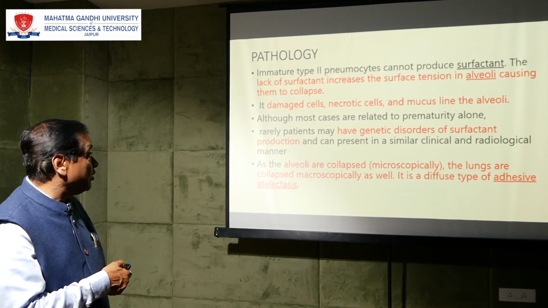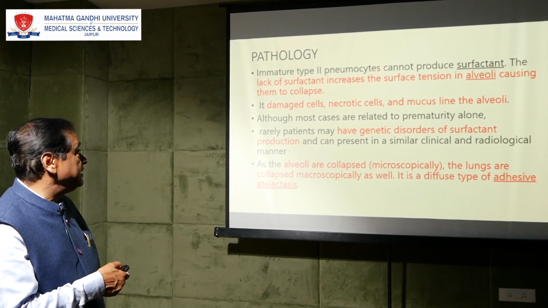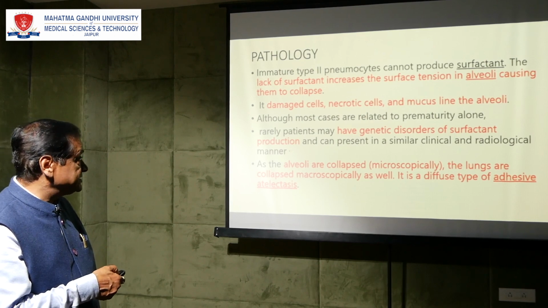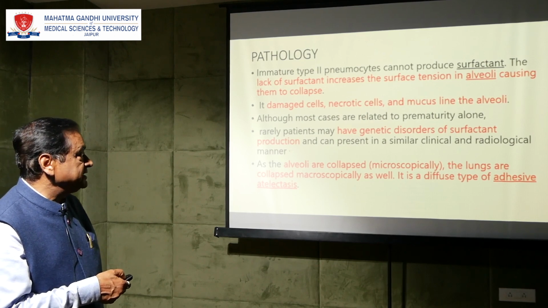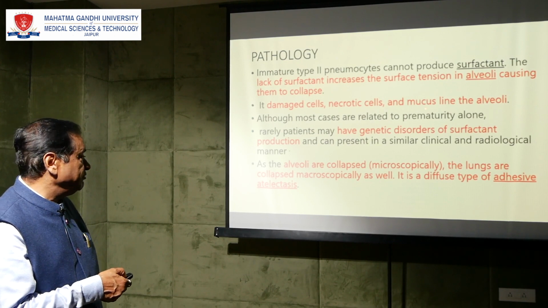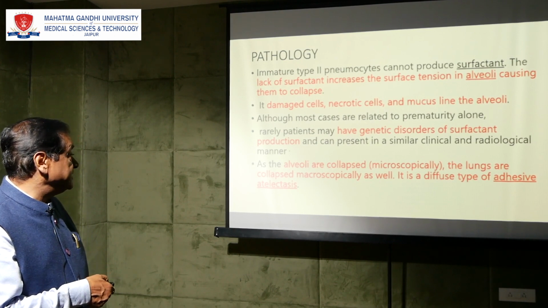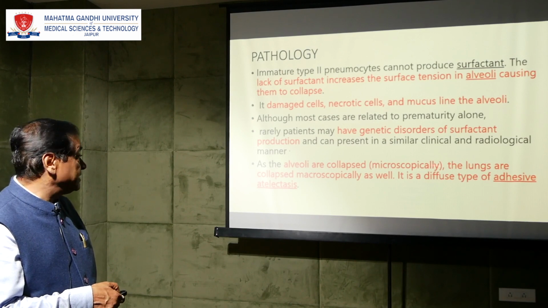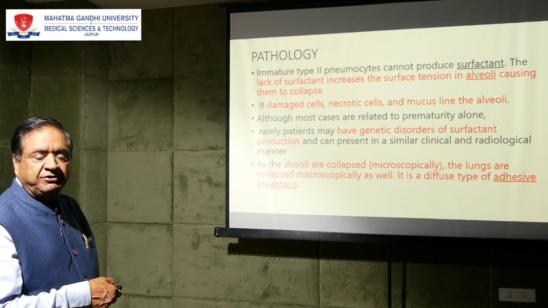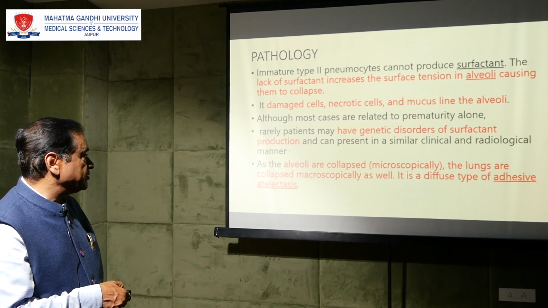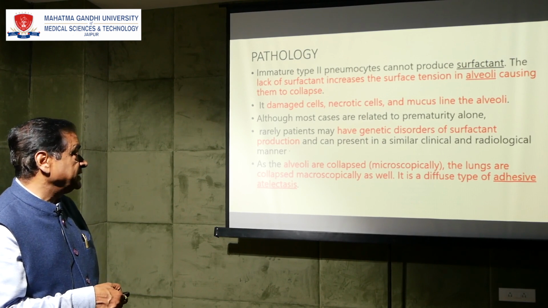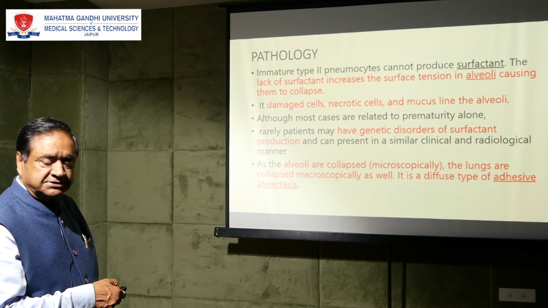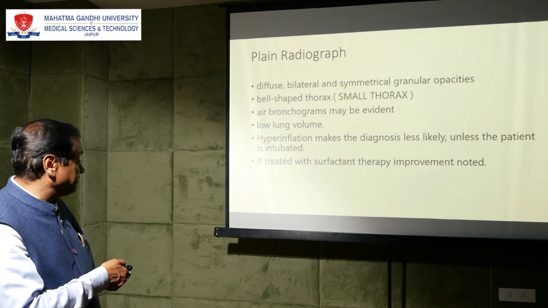When they collapse, all the air disappears from the alveoli, and this causes cell damage, cell necrosis, and ultimately a mucoid lining remains in the alveoli. The alveolar collapse is seen microscopically, but the lungs are collapsed macroscopically. We can see with the naked eye that lungs are collapsed, lungs become small in size, and it is because of the diffuse adhesive atelectasis, because of the absence of surfactant.